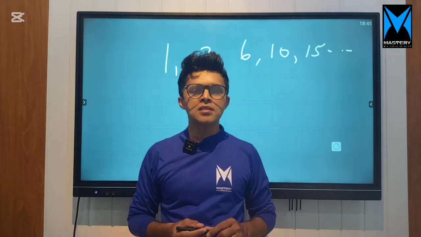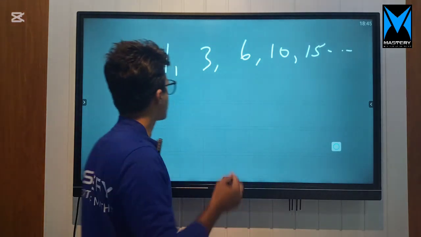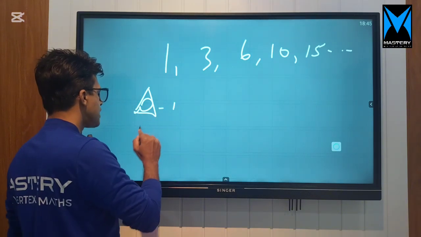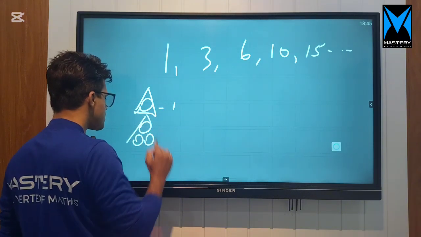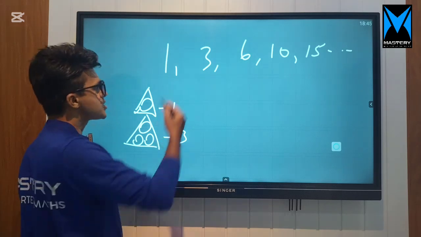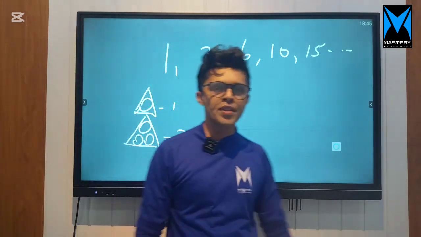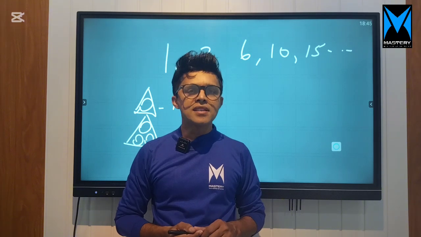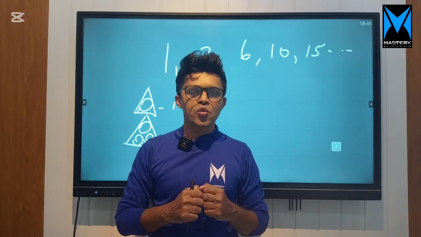When you write this one, 1 means this one, and the next one is 3. Previously, when I was teaching you about square numbers, those numbers were entered into squares.